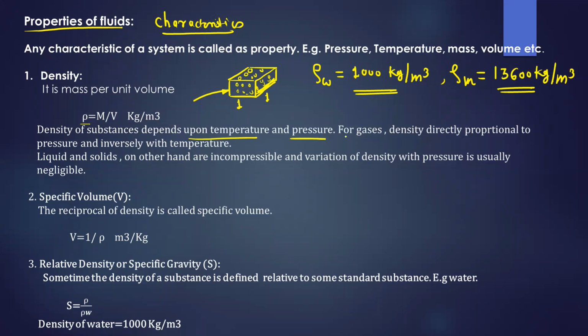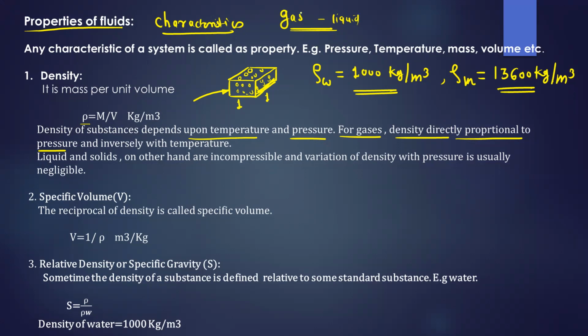For gases, density is directly proportional to the pressure and inversely proportional to the temperature. That means if you take the fluid, it can be gas or liquid. For both these substances, gas and liquid, we refer to them as a fluid.